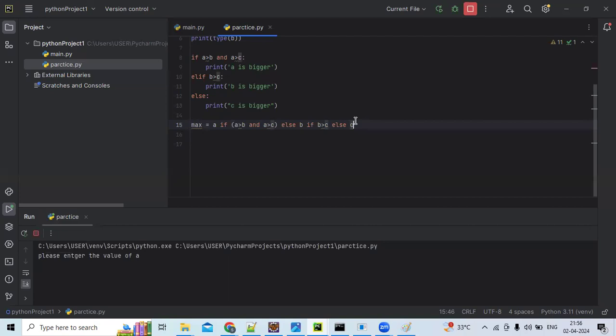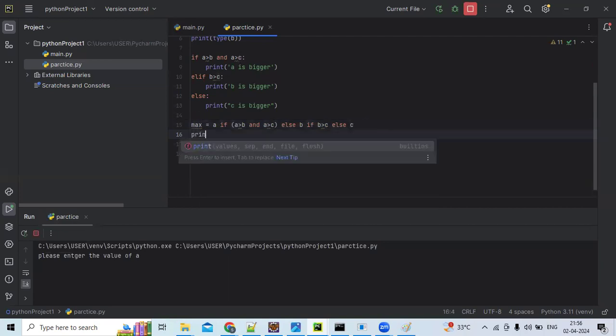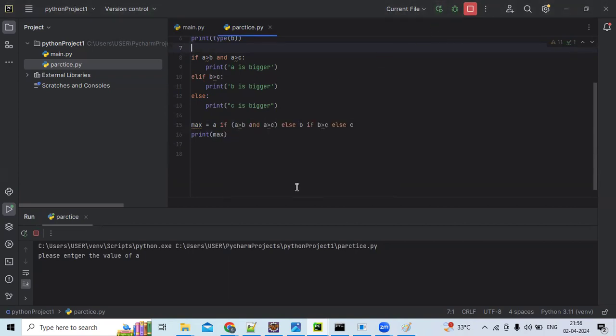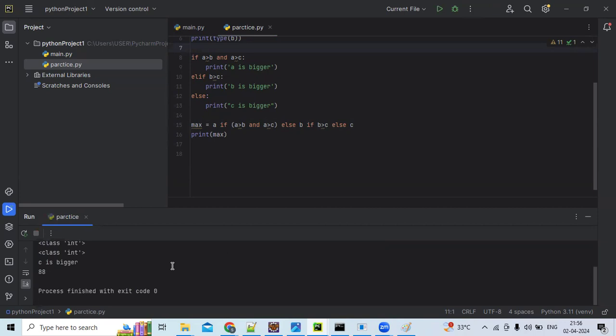Oh sorry, I haven't printed the max, right? See, 88 is bigger. Okay, guys.